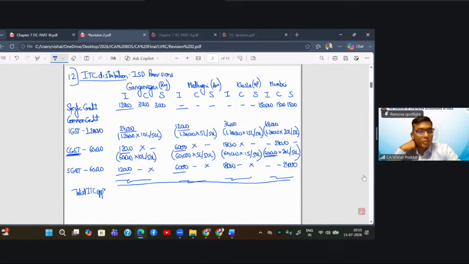About the distribution through the ISD mechanism. When it is distributed in the same state, it will be distributed in the same manner as the credit.